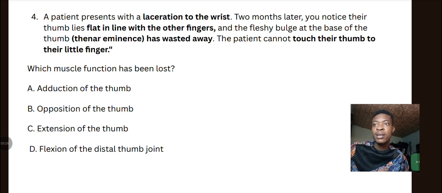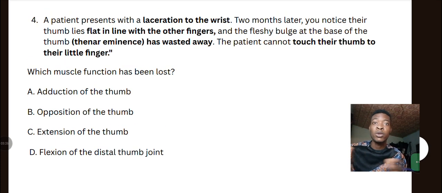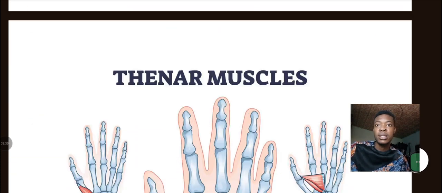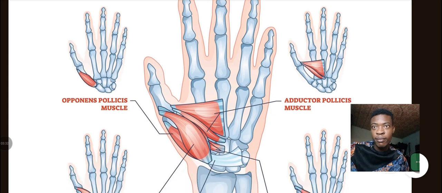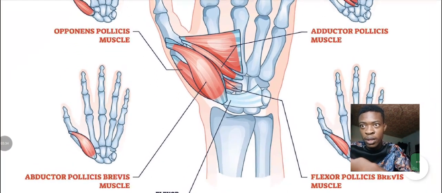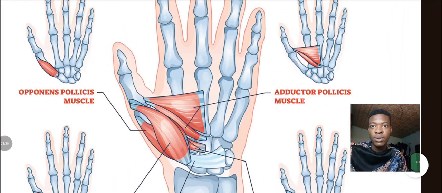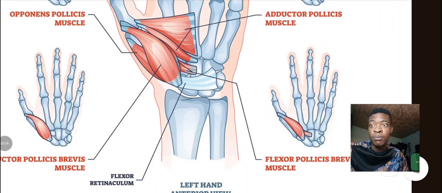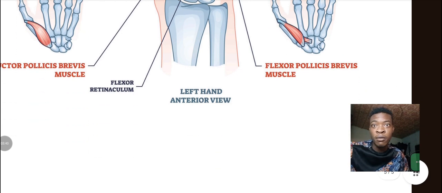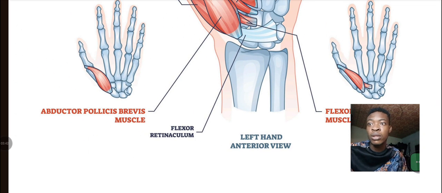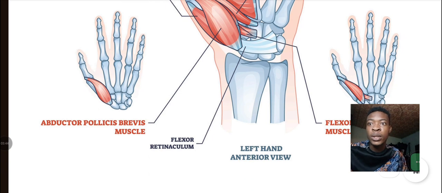So the answer obviously is opposition of the thumb, which is caused by the Opponens pollicis, which is part of the thenar eminence. All right, so look at the thenar muscles here: the Opponens pollicis, the flexor pollicis brevis, and the Abductor pollicis brevis.